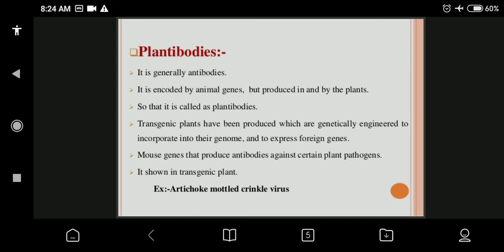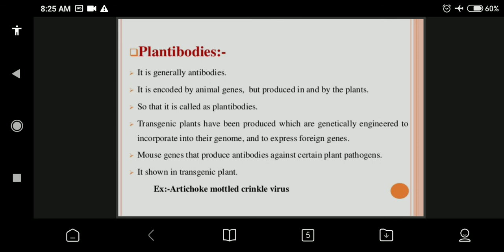Antibodies are coded by animal genes, so they are called plantibodies. Why are they called plantibodies? Because these are antibodies which are encoded by animal genes and produced inside the plants and by the plants.